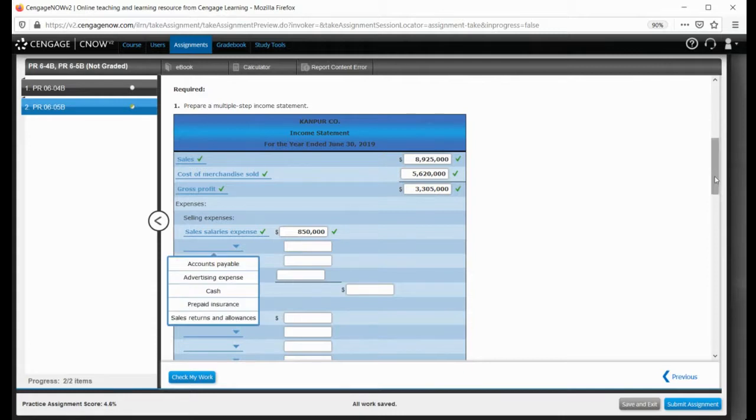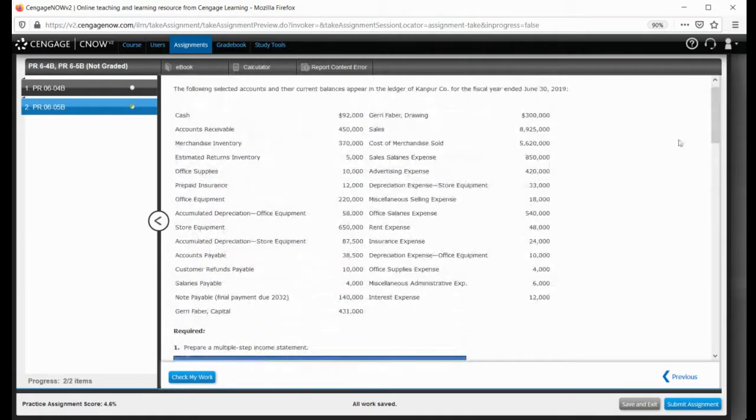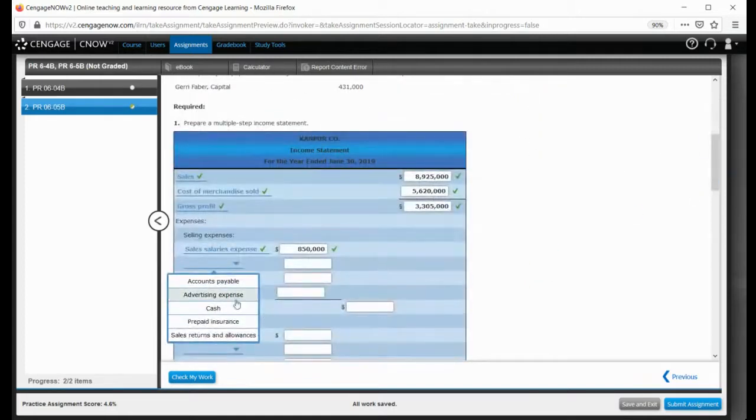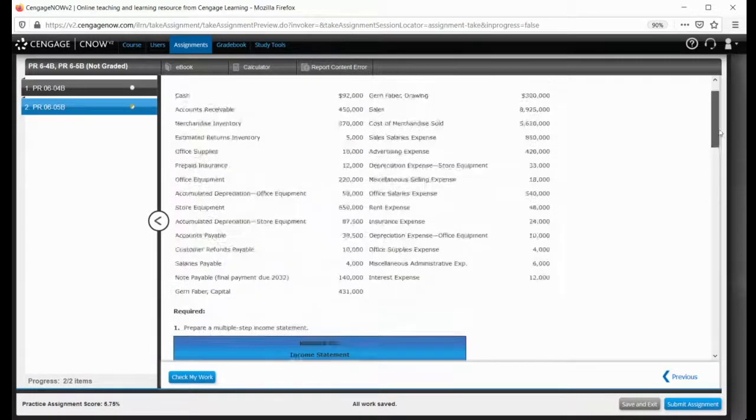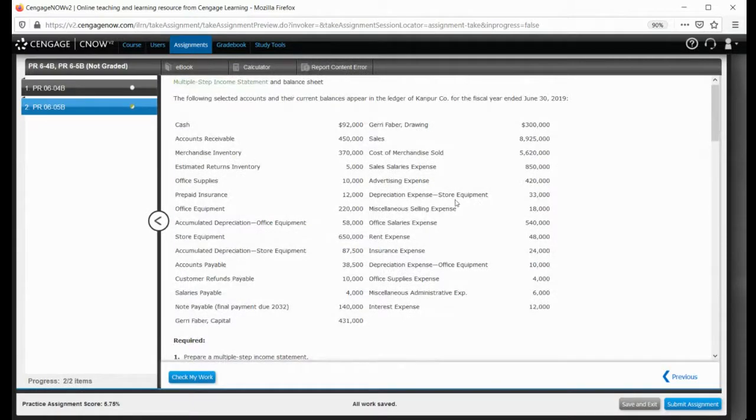The next account that we're going to put in is also a selling expense, and it would be advertising expense. The amount of the advertising expense is $420,000. Your next selling expense is depreciation expense on the store equipment. Notice it says store there, so that would signal to you that it is a selling type of expense.